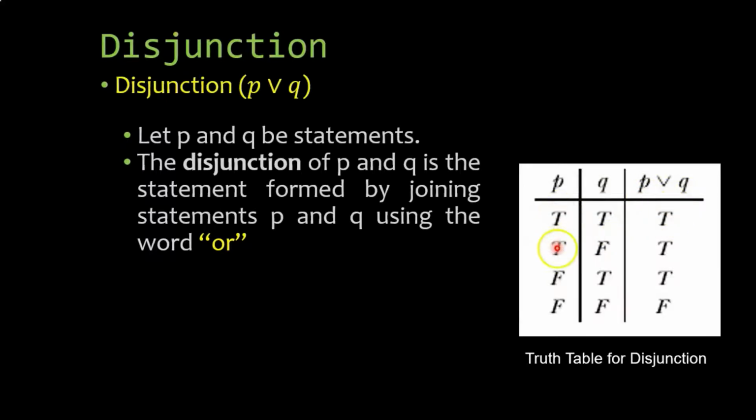Similarly, if P is true and Q is false, P or Q is true. If P is false and Q is true, then P or Q is true. But when P is false and Q is false, then P or Q is false. It can be explained like this: if either one of the statements is true, then the result is true. Otherwise, it is false.